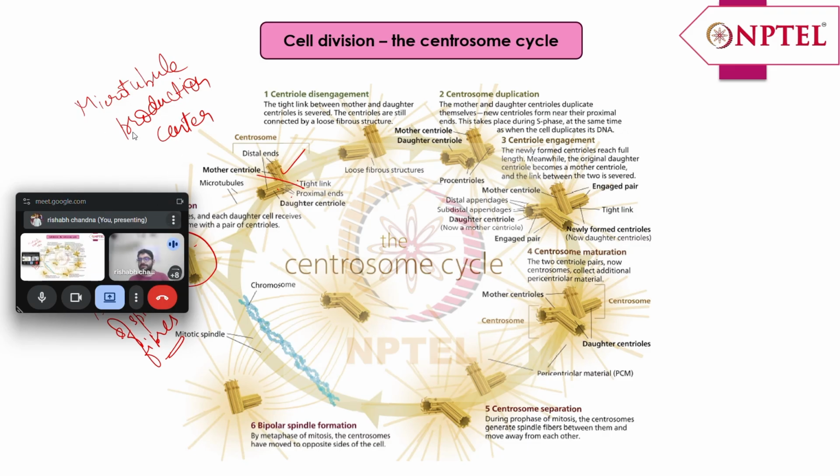They are in the form of a cylindrical path where they give rise to the microtubules, and different proteins are involved. These give rise to the daughter centrioles. I'm not going into that detail, but because it's a microtubule production center, it has the ability to divide, because they give rise to the microtubules.